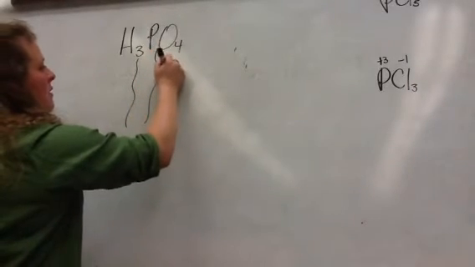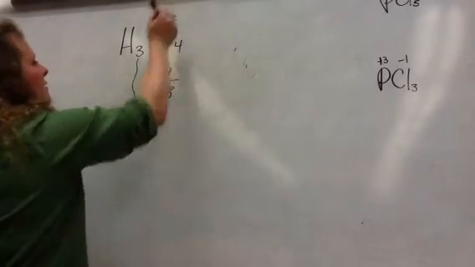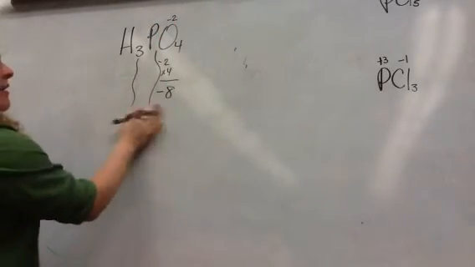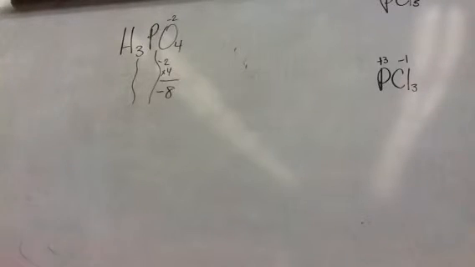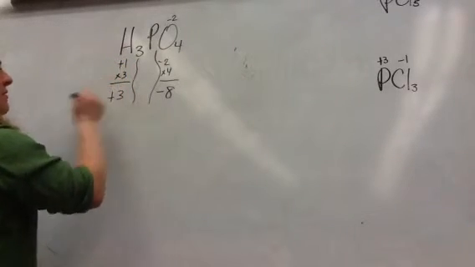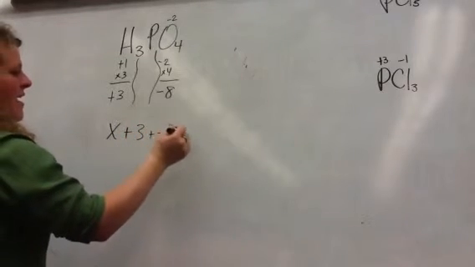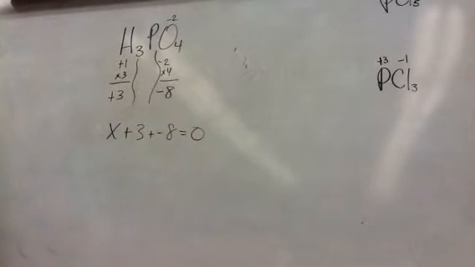Times 4, we have -8. Okay, hydrogen has what? +1. Times 3, we have +3. So now we have x plus 3 plus -8 equals 0. We're going to have another 5.